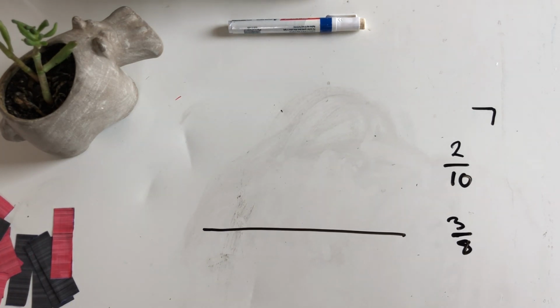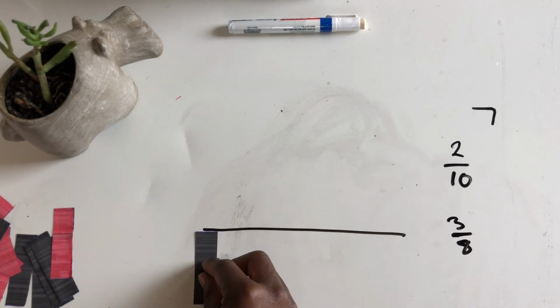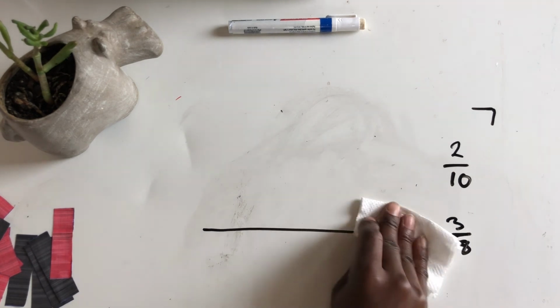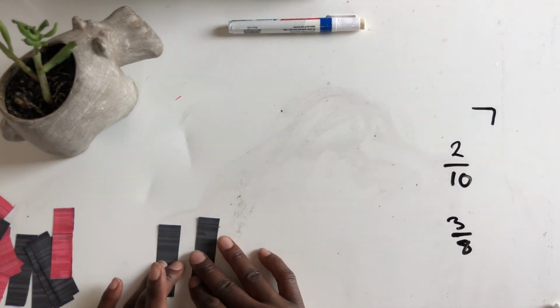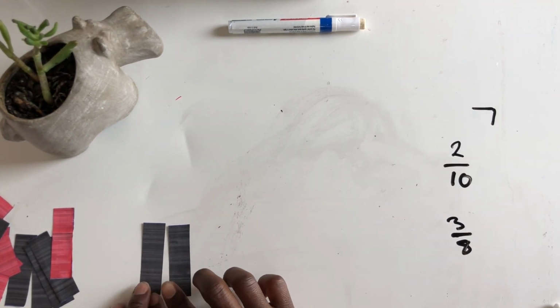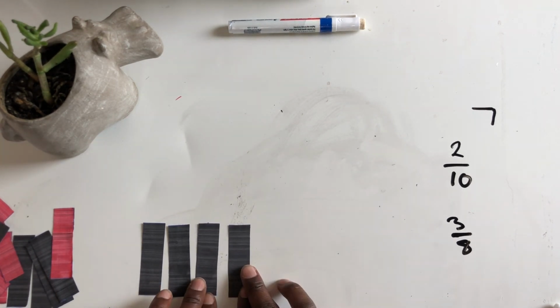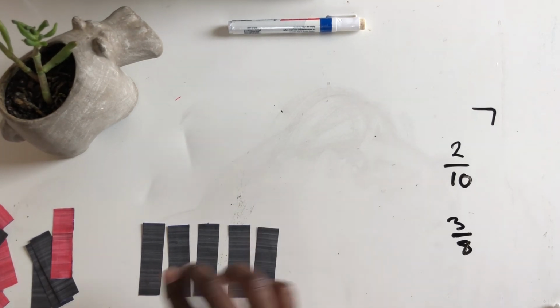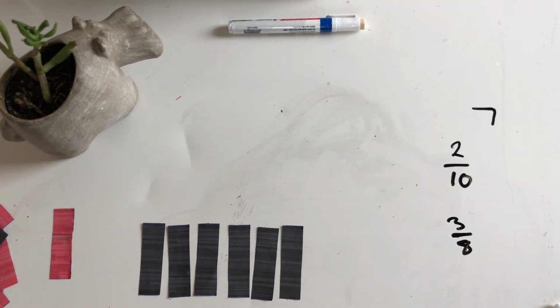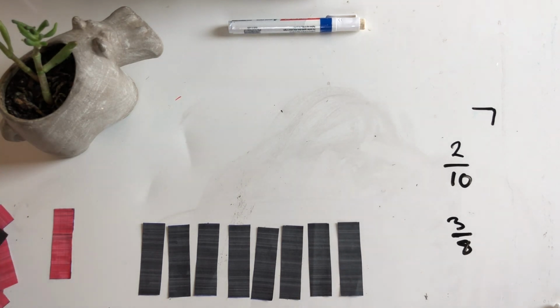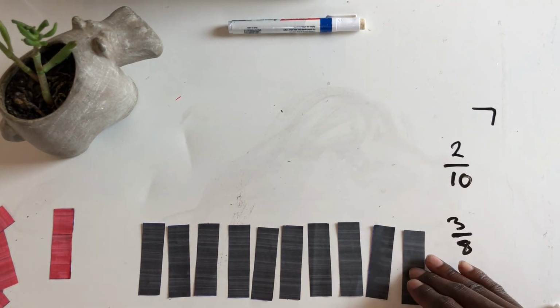So, let's start. 1, 2, maybe I should make a little more space. 1, 2, 3, 4, 5, 6, 7, 8, 9, 10.